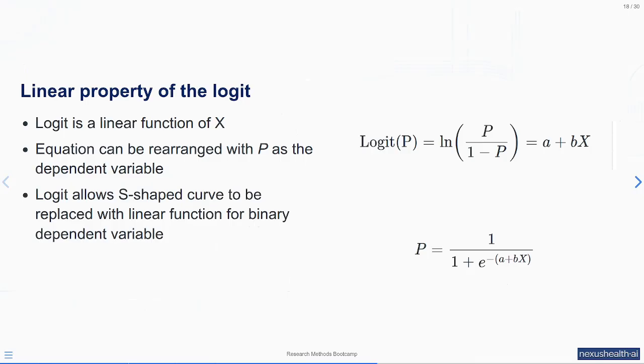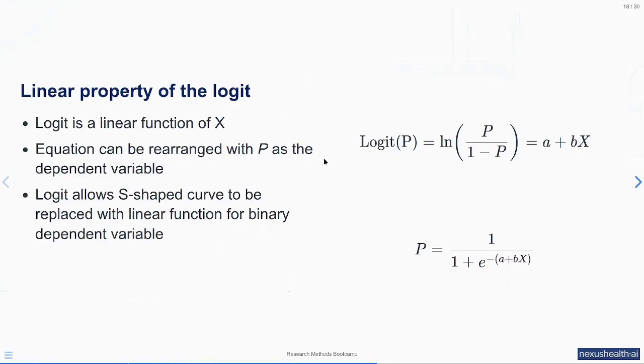And so the logit is a linear function of x. Exactly. So we can rearrange our p equation now, right? So if we had logit of p equals a plus bx, because this logit is a linear function of x, and you look at p here equals 1 over 1 plus e to the minus a plus bx.